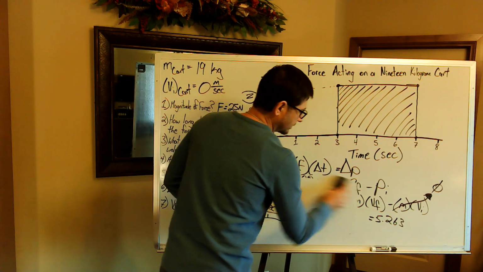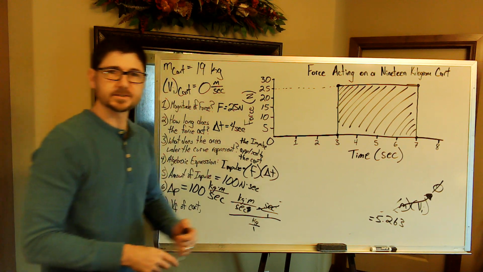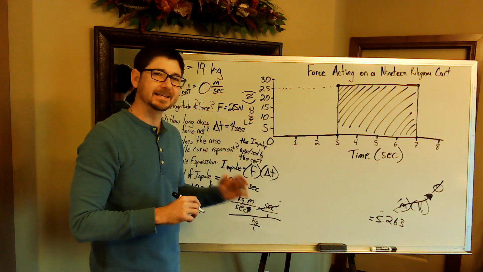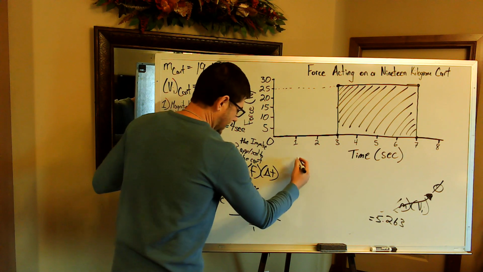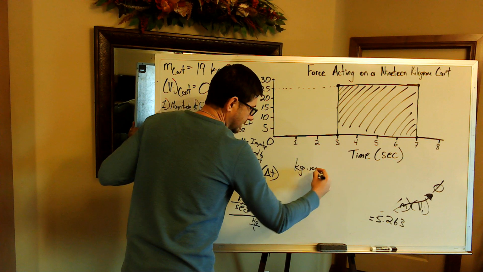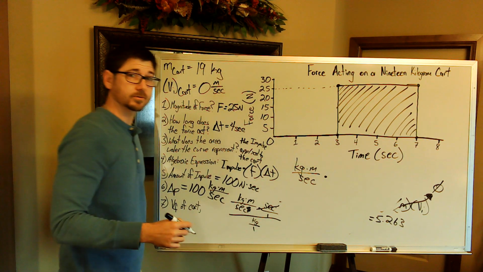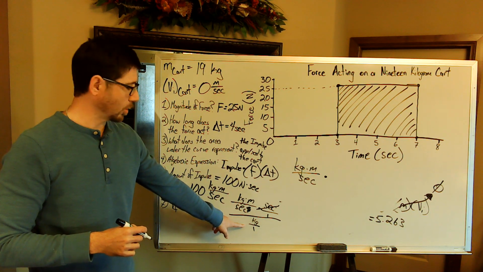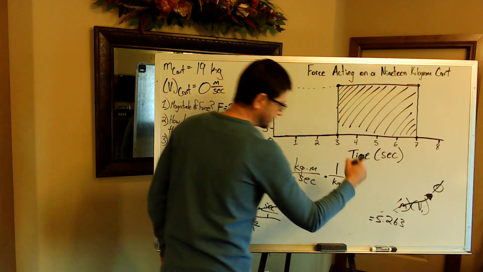Now what we need to do is remember the algebra rule that says whenever we divide fractions, it's like multiplying by the inverse of the denominator. So what I have is kilogram meters per second times the inverse of the denominator. Our denominator is kilogram over 1, so this is going to be 1 over kilogram.